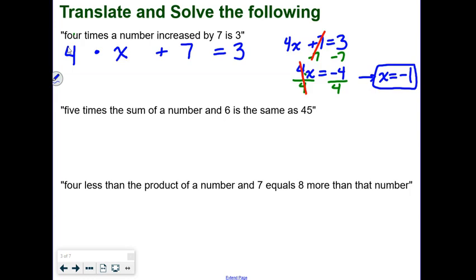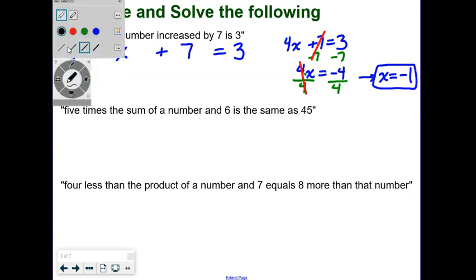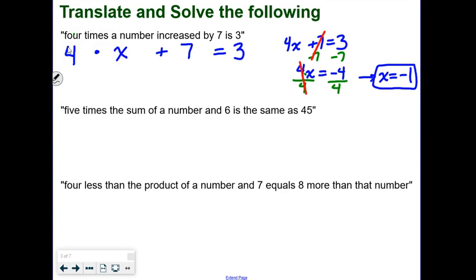Okay, 5 times the sum of a number and 6 is the same as 45. Okay, so we talked about this phrase whenever you're timesing the sum of something. If you recall, that's a parentheses situation.